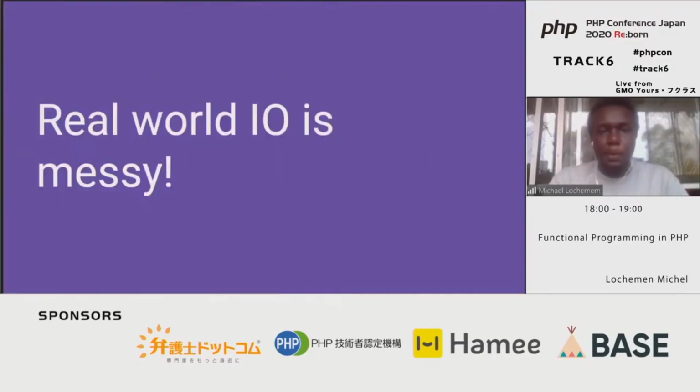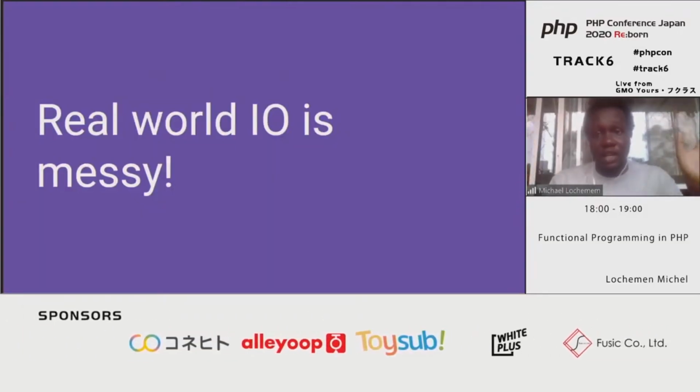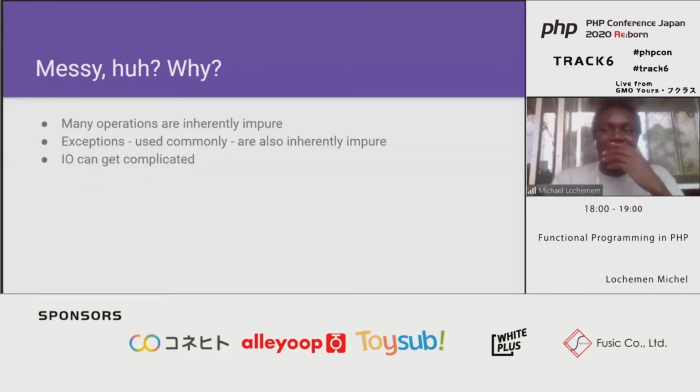So now we'll move on to real world I/O, which is real world input output, and it is messy out there. It's bad. And you thought the dating world was bad, but real world I/O is messy, right? And this is the stuff that we do almost every day. We interact with real world input output, because everything I've described up until this point is effectively just simple operations, multiplication, addition, concatenation, whatnot.